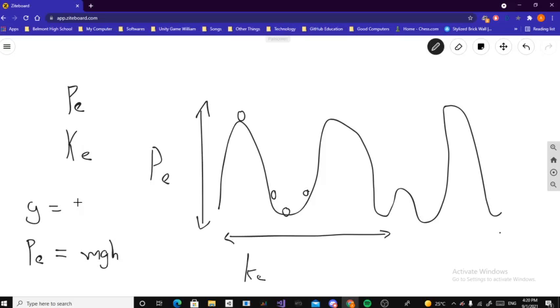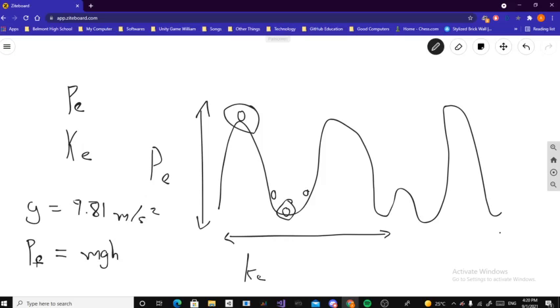So gravity for Earth is constantly 9.81 meters per second squared. Height, say we're on a hill. The height at this point is a lot higher than the height at this point. So as the height increases, potential energy increases. As gravity increases, potential energy increases.